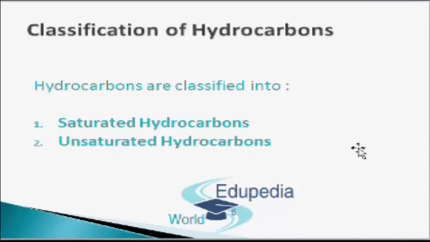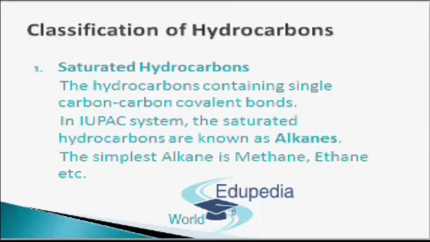Coming to the classification of hydrocarbons. Hydrocarbons are classified into saturated hydrocarbons and unsaturated hydrocarbons. First we will discuss saturated hydrocarbons. The hydrocarbons containing single carbon-carbon covalent bonds are called saturated hydrocarbons.